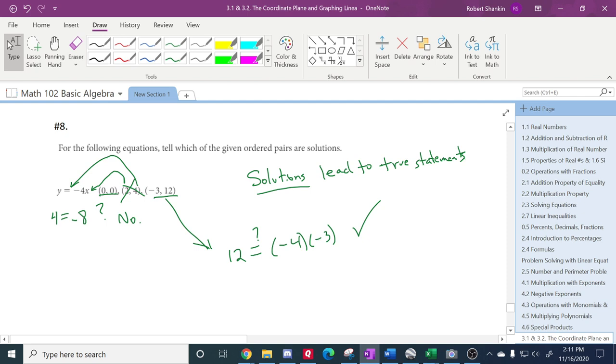Alright, now, notice also, this had more than one solution. And a solution looks strange now. It has 2 numbers in it. It's called an ordered pair. 0, 0 is a solution to this equation, and negative 3, 12 is a solution to this. How many solutions does this equation have? Does anybody know?